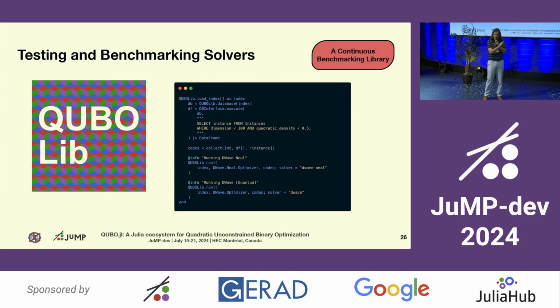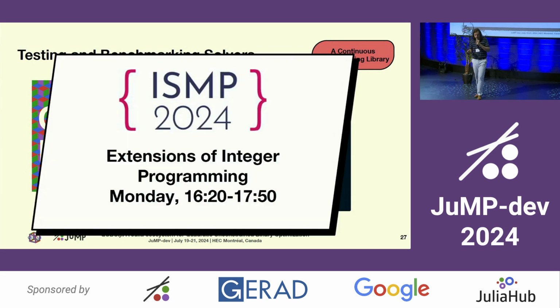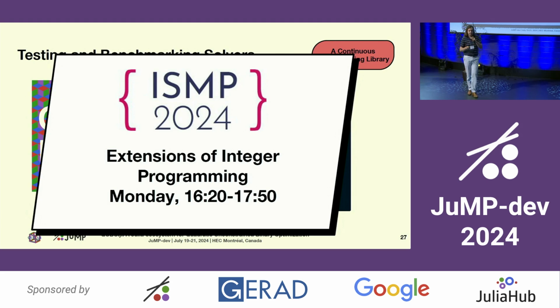So in this example, we are filtering by the dimension and the quadratic density, so we can better see what we run. In the same way, the results are made available, so you can conduct further analysis after that. If you want to know more about this, specifically about the benchmarking part, I'll be talking about it in depth at ISMP in 2 days, Monday afternoon.